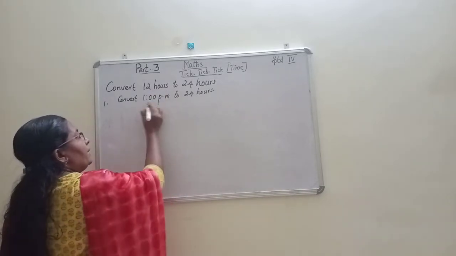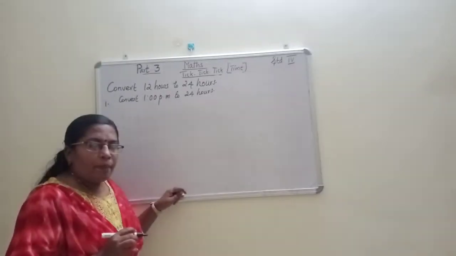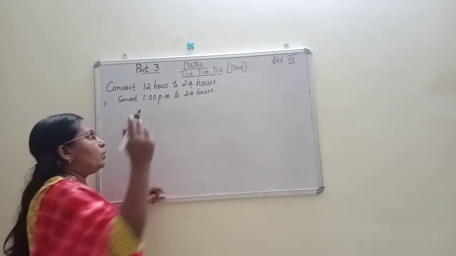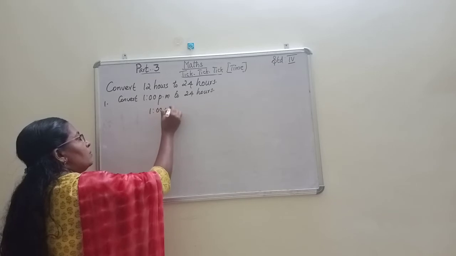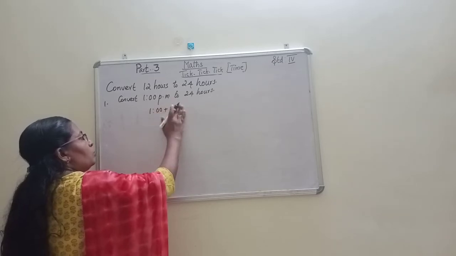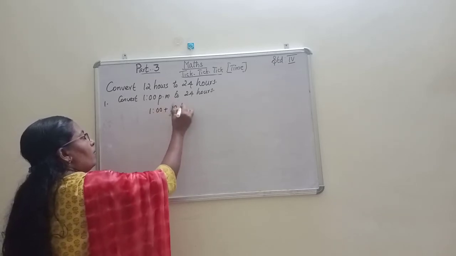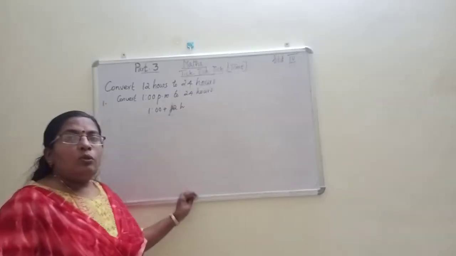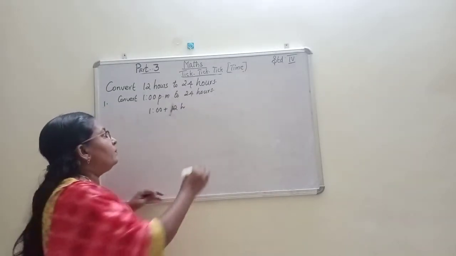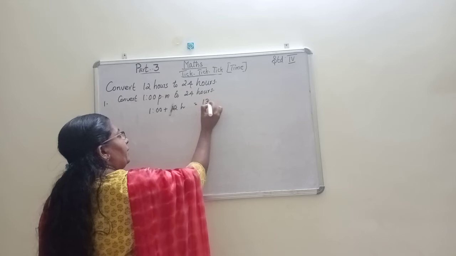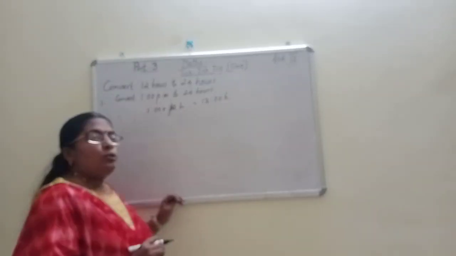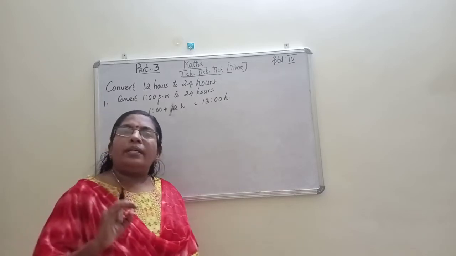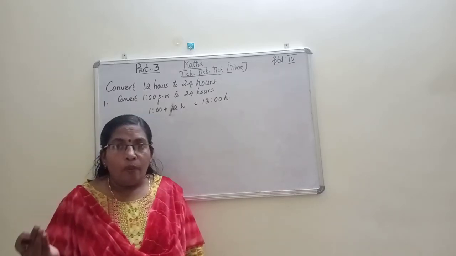The time is 1 PM. Convert it into 24: 1 plus 12 hours, that is 13. 13 hours. In 24 hours, there is no AM and no PM.